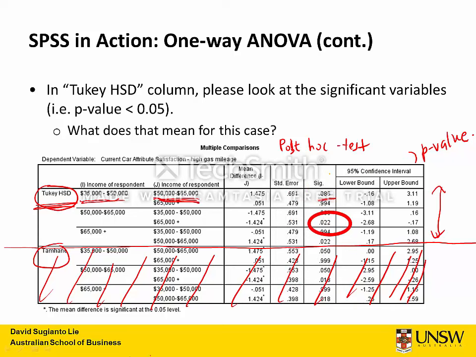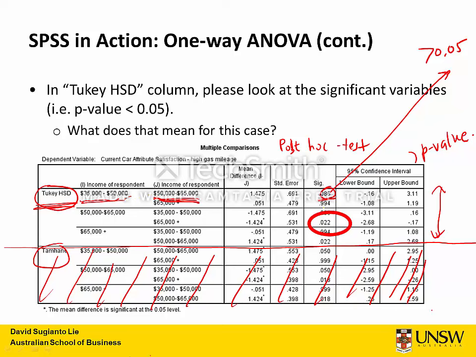The significance is 0.086. Do you see that? 0.086, which is more than 0.05. If it is more than 0.05, therefore they are not significant, so these groups are the same.